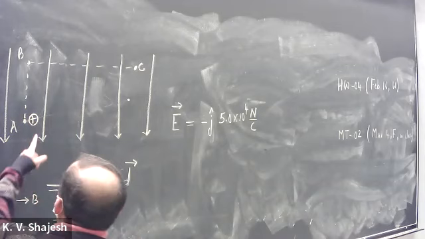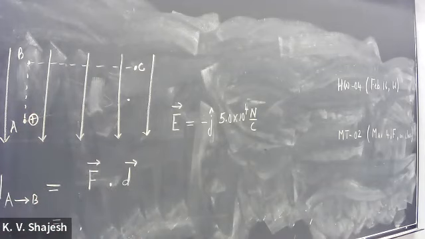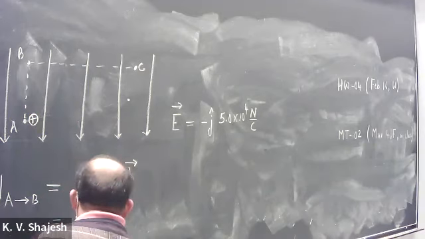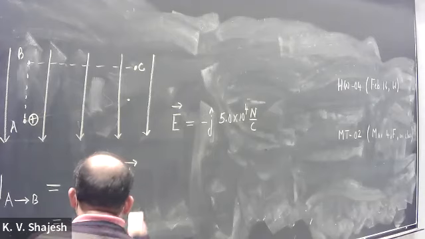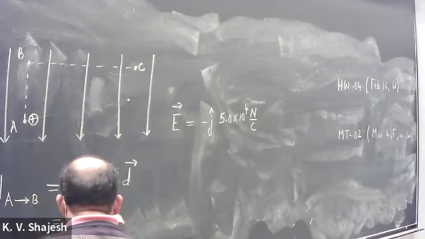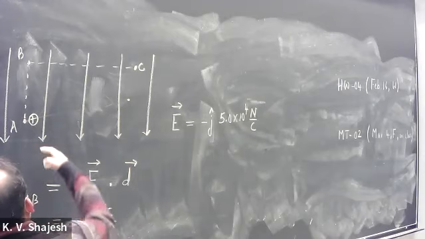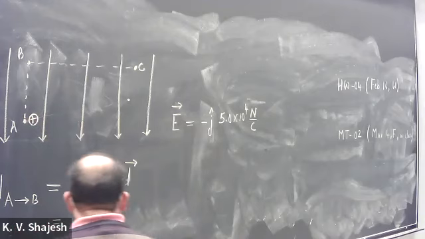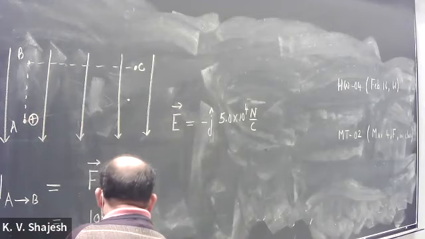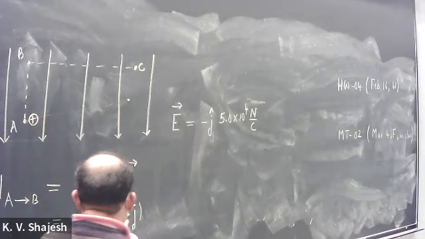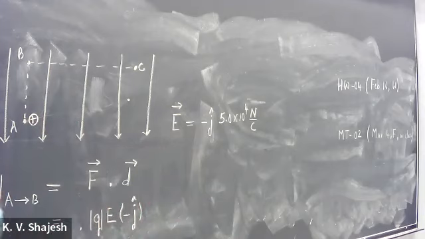Force acting on this positive charge is downward. So let's say it is Q times the electric field. Q is the magnitude of the charge. So this is magnitude times the electric field, and it has a direction pointing downward. So that's minus j, right? That's a direction. That's your force.